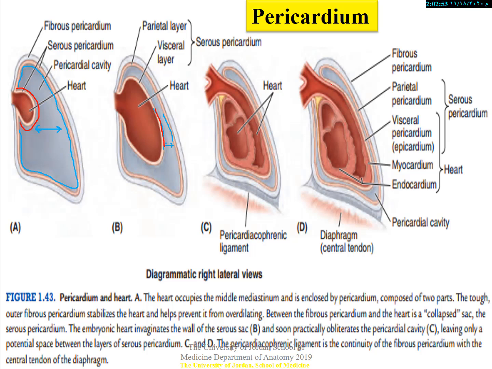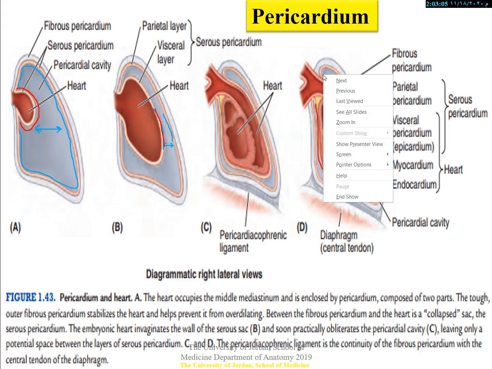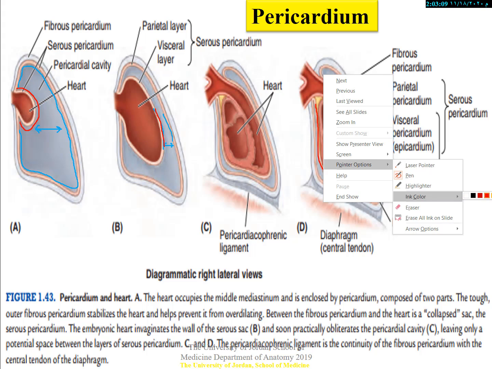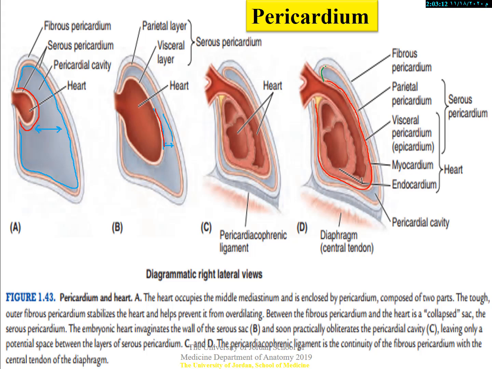So eventually what we have here is the visceral pericardium adherent to the heart, and another layer here, which is the parietal one, all over this area here, and between them we have a potential pericardial cavity full of fluid secreted by the serous membranes.